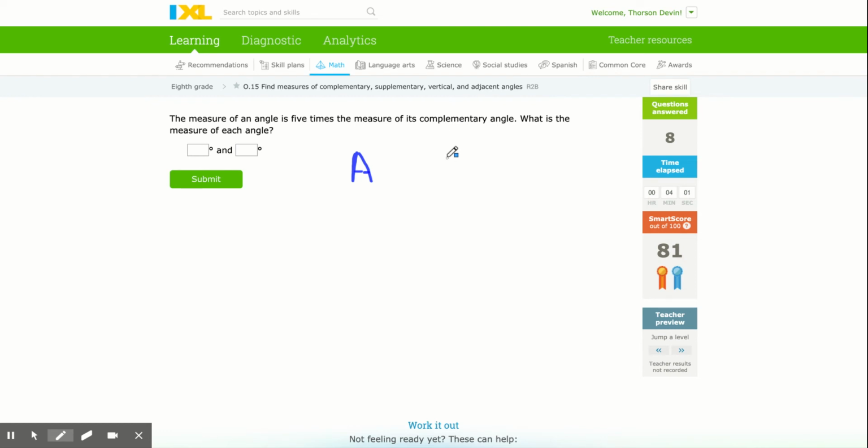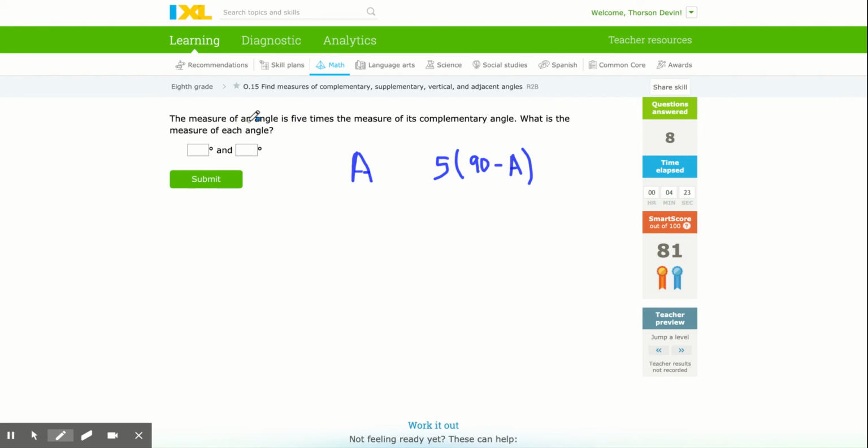So in other words, I need to take 5 and multiply it by 90 minus A. 90 minus A is the complement of angle A because it's the other part, right? If I knew what A was, I'd subtract it from 90 and that gives me its complement.